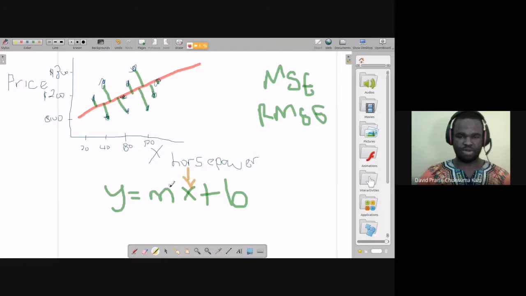So our goal now is to find these two values, the best coefficients, so that when we plot these data points, the horsepower times this coefficient plus this intercept, and draw the line, the error we get is very small.